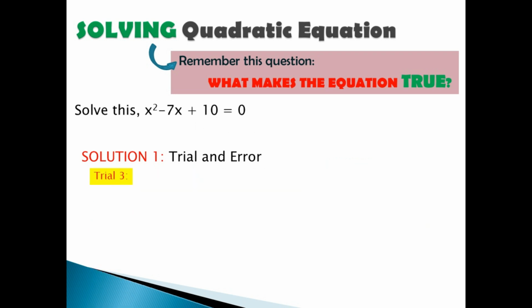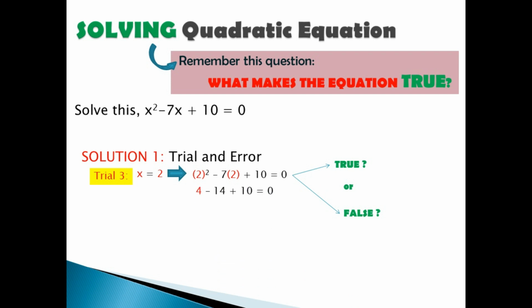Trial number 3. We will substitute x with 2. Therefore, we have 2 squared minus 7 times 2 plus 10 equals 0. True or false?